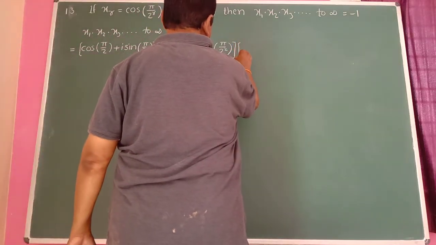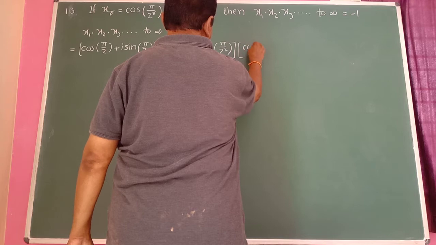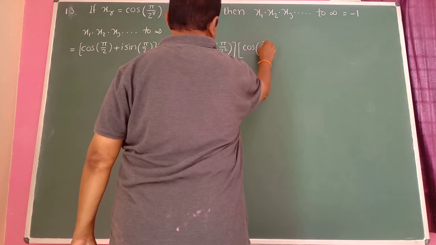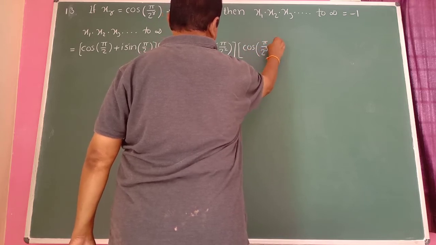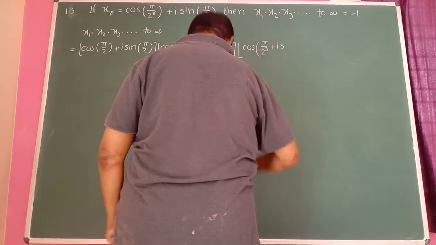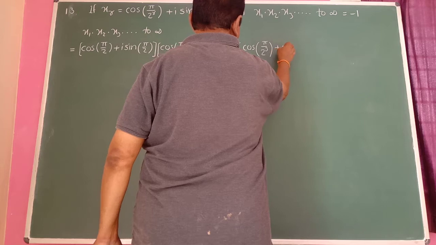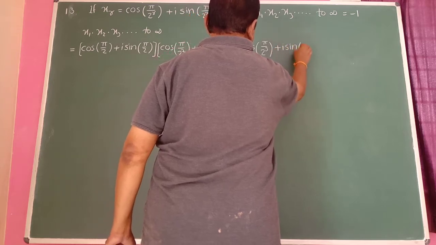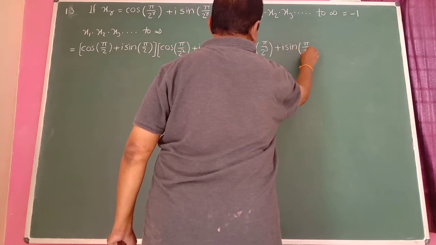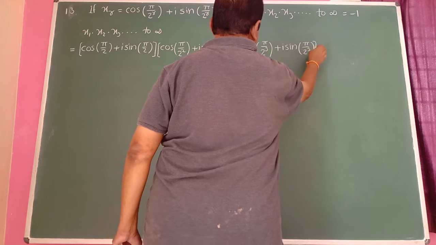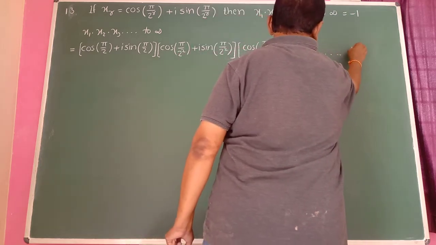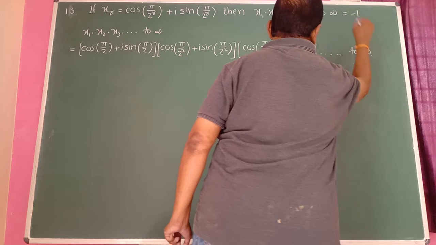So cos of pi divided by 2 cube plus i into sin of pi divided by 2 cube, bracket complete here, up to infinity.